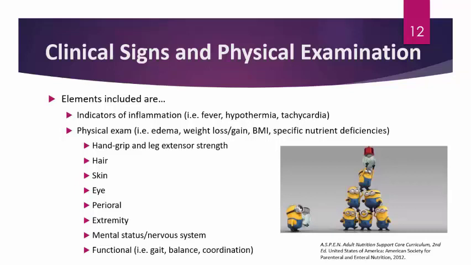It may not necessarily be an indicator of poor nutritional status, but if you see a change in gait and balance and coordination from the last time you saw them, do you think that patient will be able to adequately function on their own to be able to get the proper nutrients into their body? Or do you think they might need assistance in trying to do that? These patients actually may have a higher risk of becoming malnourished if they're not able to do their own activities of daily living on their own.